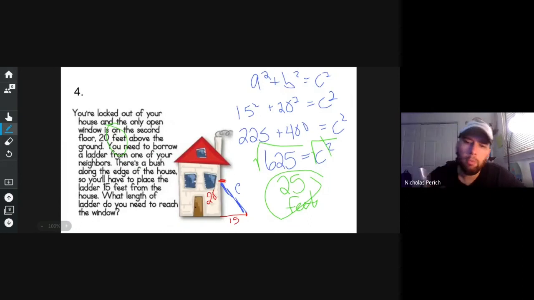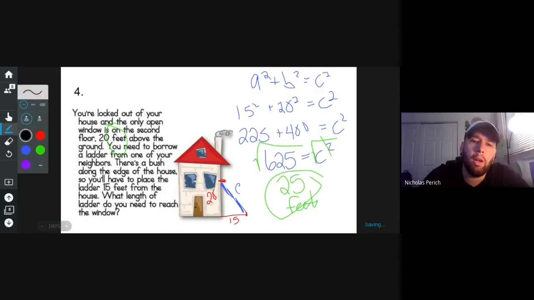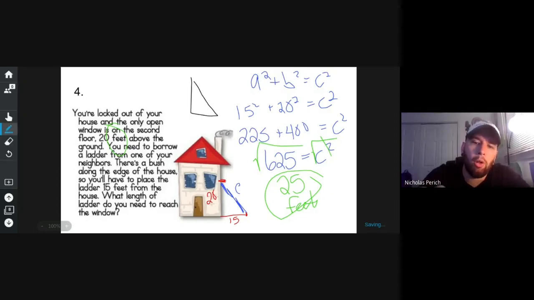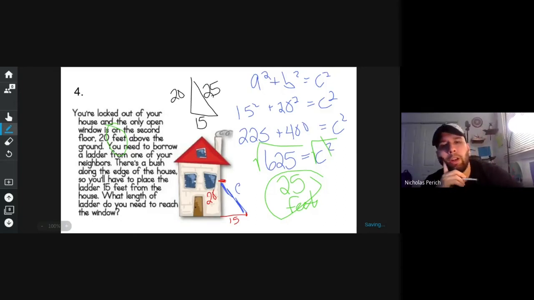Fun fact. Let's go back to a problem that we recently solved. This triangle here was, when I wrote it all out, 20, 15, and 25. There's a special triangle called the 3-4-5 triangle.